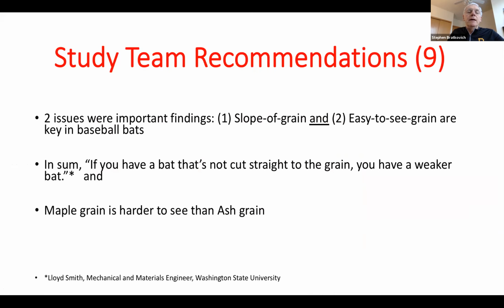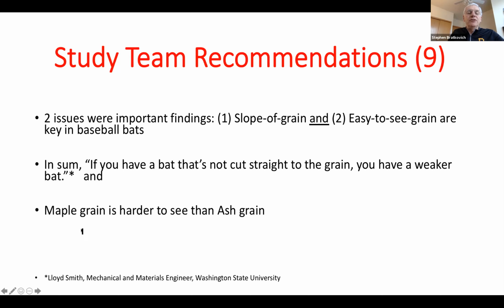And the study team made 9 recommendations. And they really found that 2 issues were very important. That slope of the grain and easy to see grain. Those are key in baseball bats. So if you have a bat that's not cut straight to the grain, you have a weaker bat.